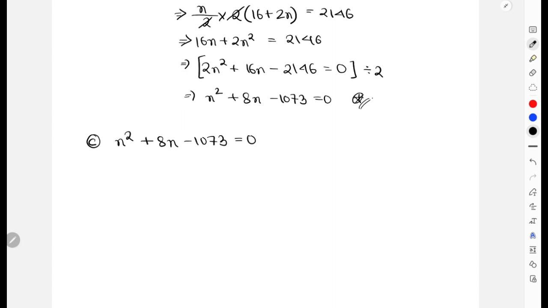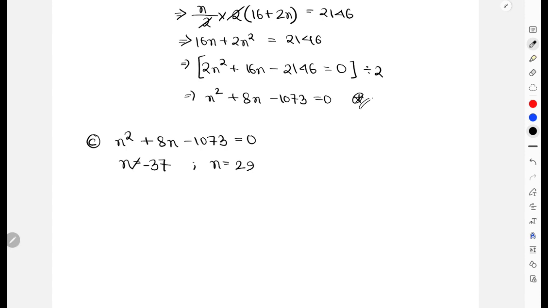Now I will skip the middle term splitting over here, but you obviously have to do middle term for this part. 1, 8, 1073. That is going to be 29 and negative 37. If you do middle term, the value for n turns out to be negative 37 or 29, which means that negative one is incorrect. Number of rows cannot be negative.